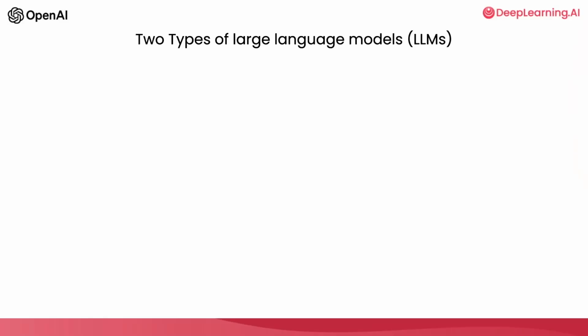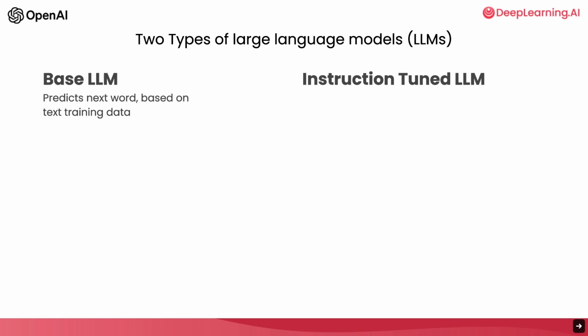So in the development of large language models or LLMs, there have been broadly two types of LLMs, which I'm going to refer to as base LLMs and instruction-tuned LLMs. A base LLM has been trained to predict the next word based on text training data, often trained on a large amount of data from the internet and other sources, to figure out what's the next most likely word to follow.